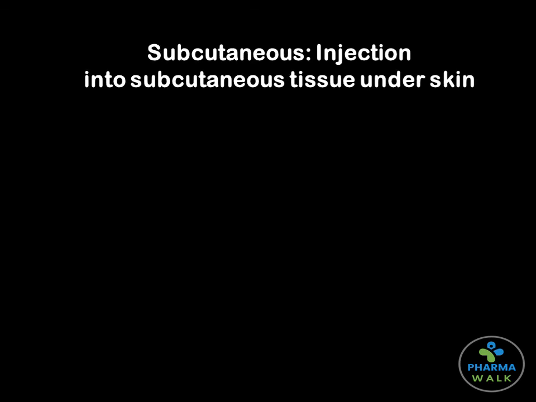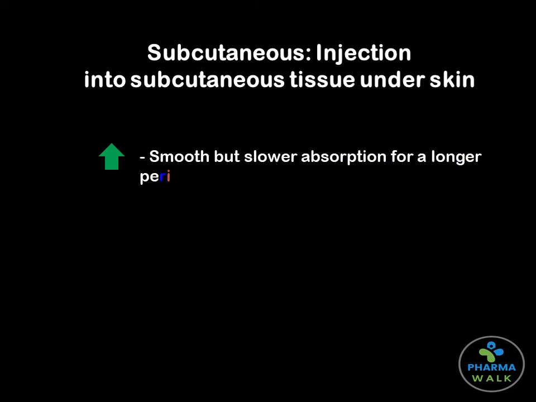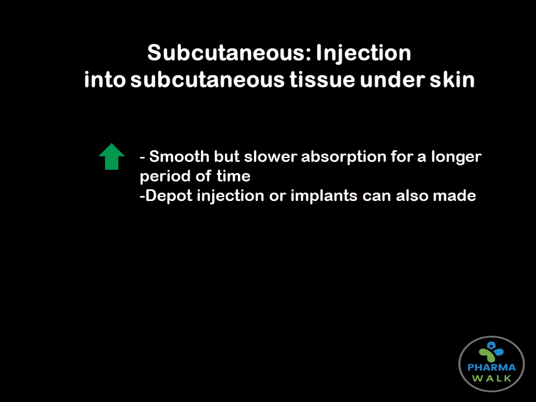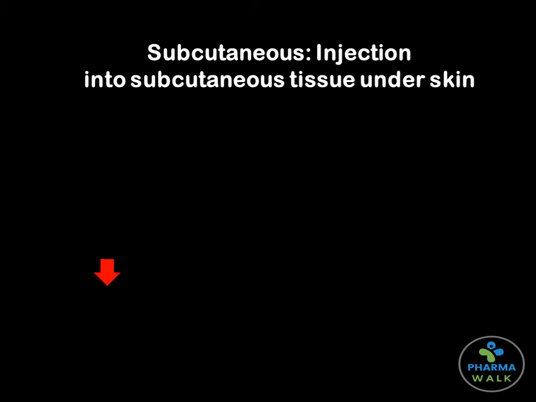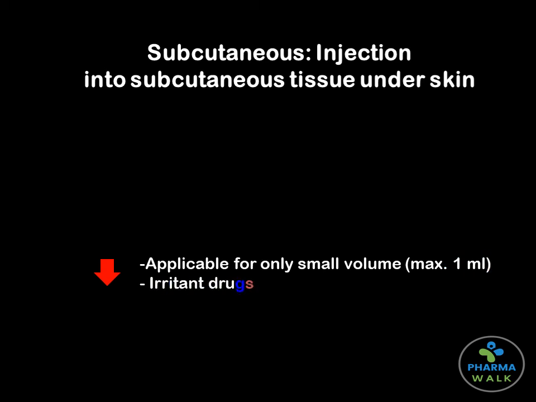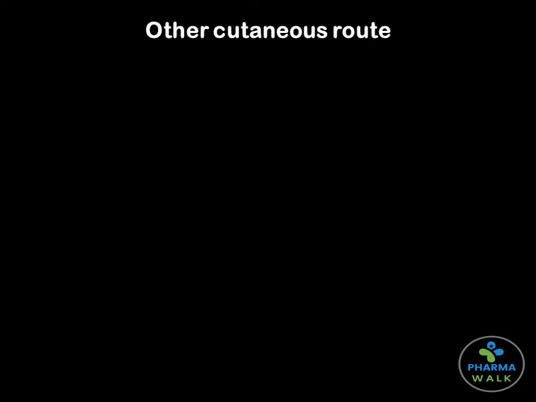Now the last one, subcutaneous: injection into the subcutaneous tissue under the skin. Merits: smooth but slower absorption for a longer period of time. Depot injection or implants can also be made. Demerits: applicable only for small volume, maximum 1 ml. Irritant drugs cannot be given. There are also other cutaneous routes.